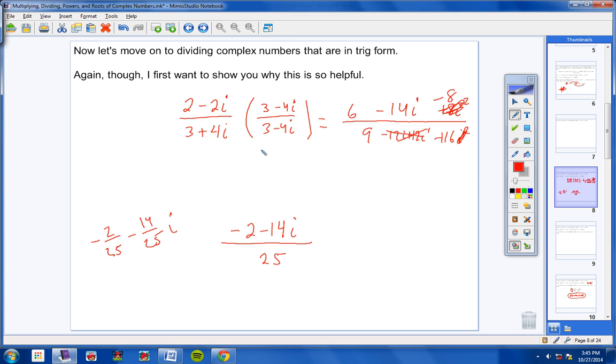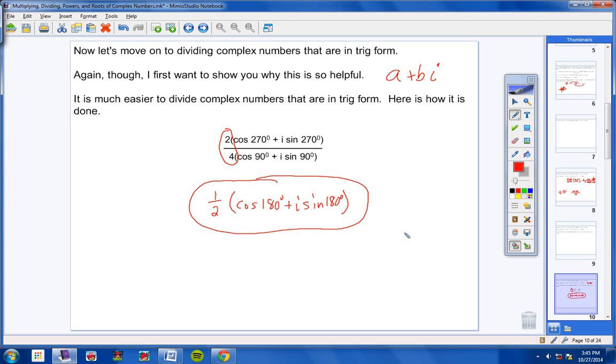Now again, there's nothing wrong with this method if a complex number is given to you in standard form. But isn't it cool how I can take this problem here like this, and it becomes so much easier when it's written in a different form. Now you're seeing how helpful it is to have complex numbers written in trig form, because all they're based on is the direction angle and the length of the hypotenuse, and that's it.